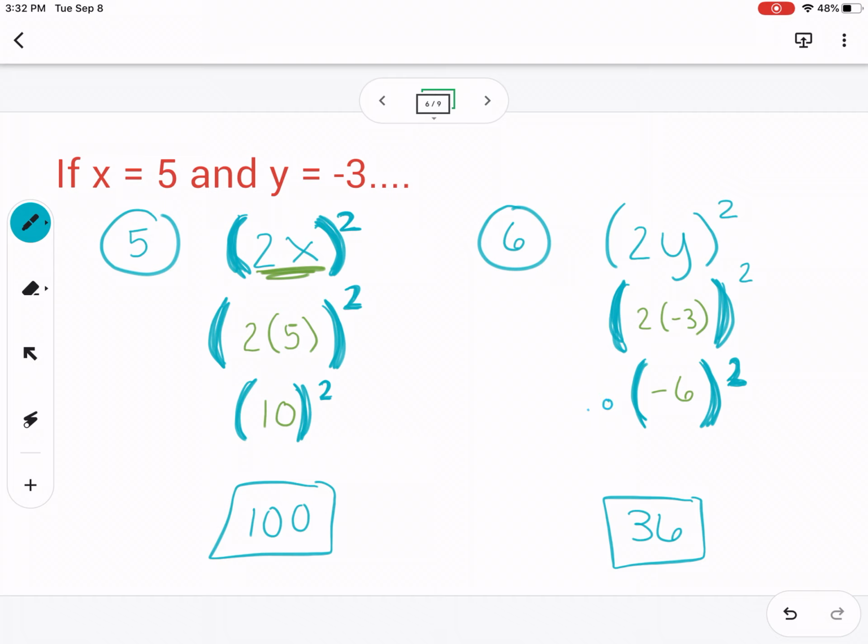The reason is because an exponent of 2 means take the number and multiply it by itself. So negative 6 times negative 6 becomes positive 36. If you're saying, but my calculator says negative 36, well, then you put it into the calculator incorrectly. You have to have these parentheses with the exponent of 2 on the outside.